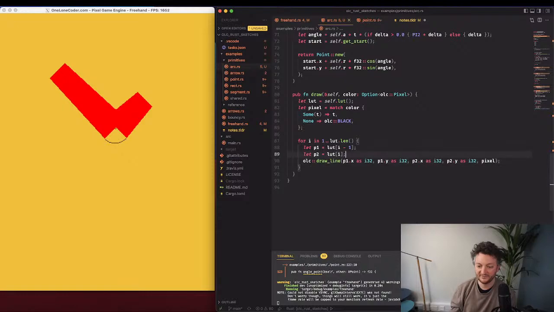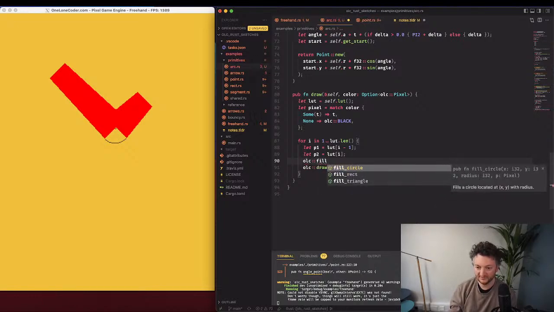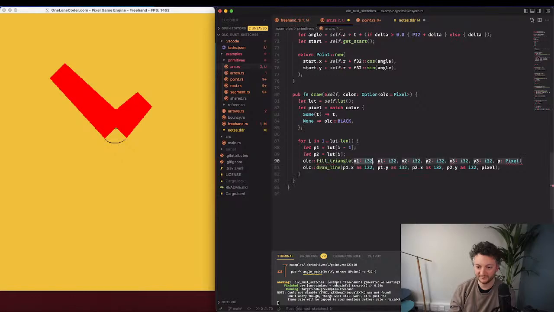And then instead, let's just do those triangles, right? So we are going to say it's always going to start from the center. Fill triangle. Self.x.